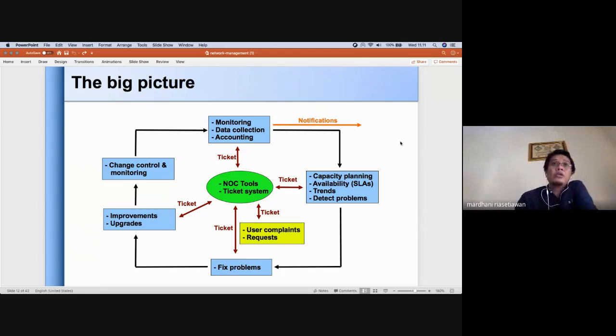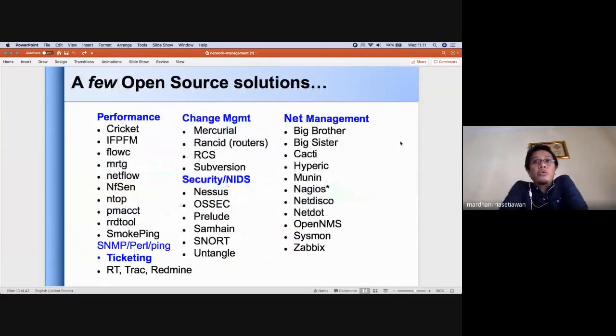So in networking, we have a lot of open source solutions for network management. This is from the performance side. We can use Cricket, IFP, FM, FlowC, MRTG. This is MRTG, the famous one, NetFlow and FSEN, smokeping, and so on.